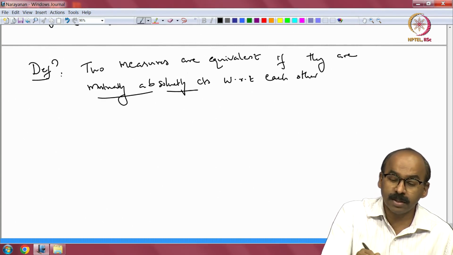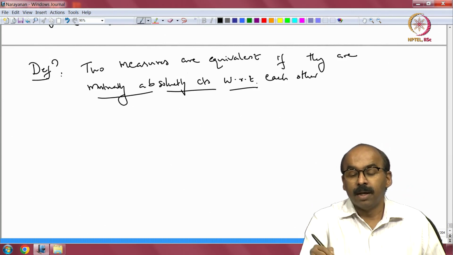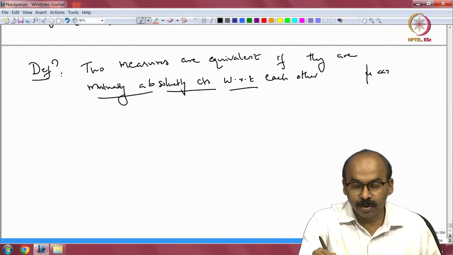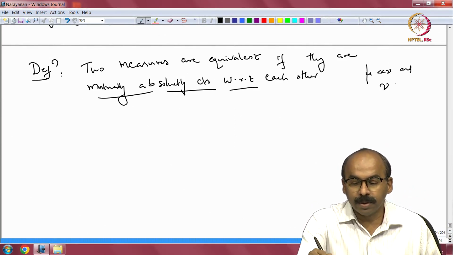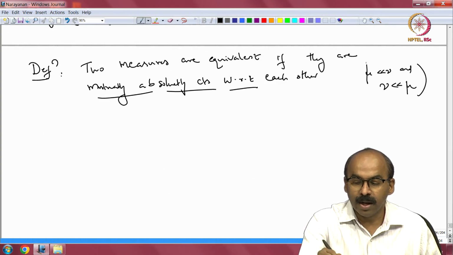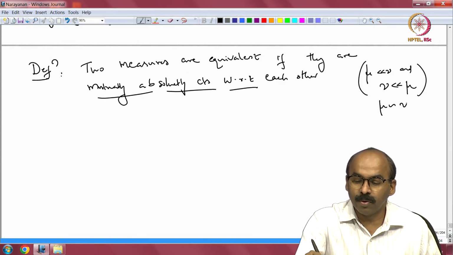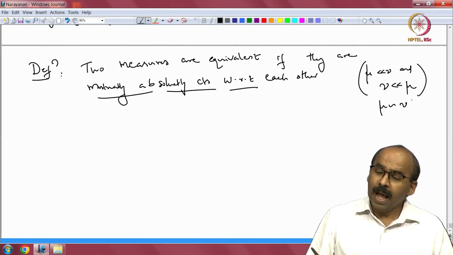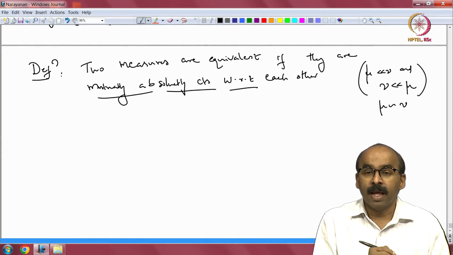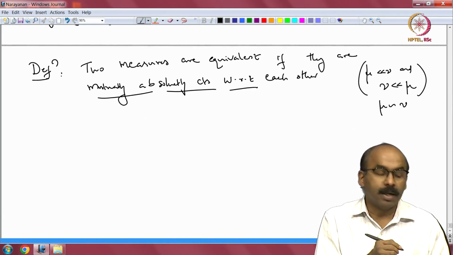Okay. So, whatever we just saw, mu is absolutely continuous with respect to nu, and nu is absolutely continuous with respect to mu, right. So, then we say mu is equivalent to nu, and that is clearly an equivalence relation, and the equivalence class is called the measure class.